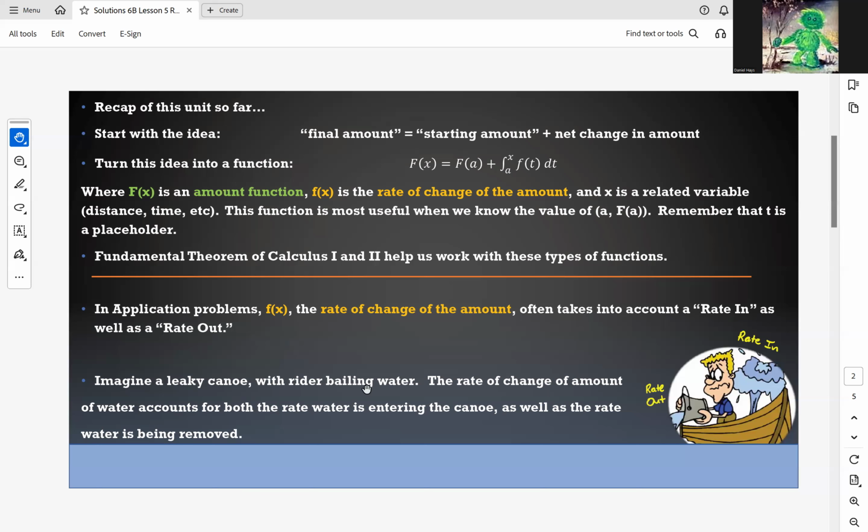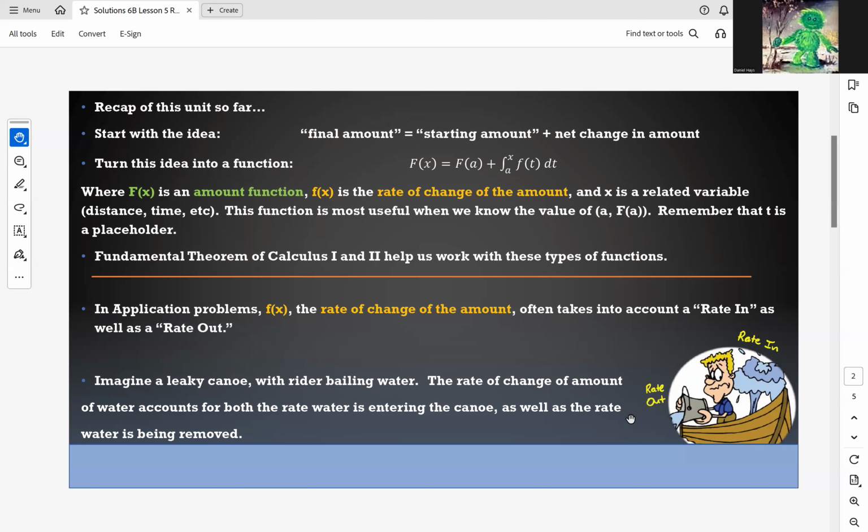And as it's taking on water, the rider, like this guy in the picture here, is trying to get that water out of the canoe. We see the leak here that represents water coming in. We see the bucket bailing water out. So we would be very interested in the rate at which water is coming into the canoe, but also the rate at which he's able to remove it.